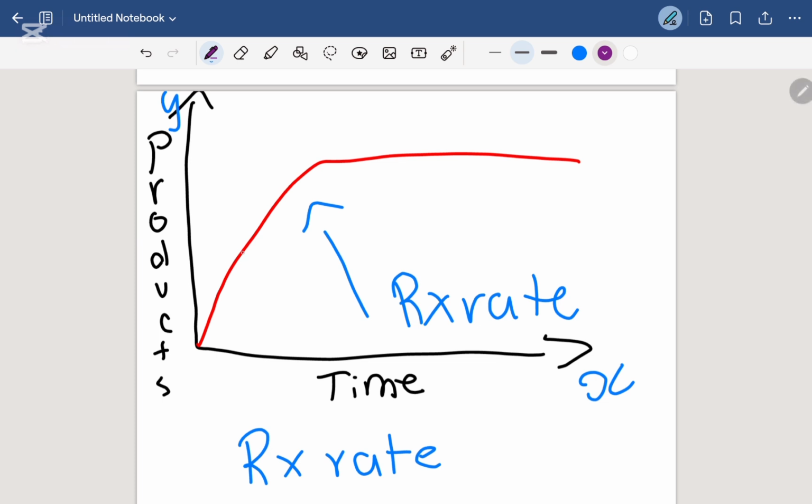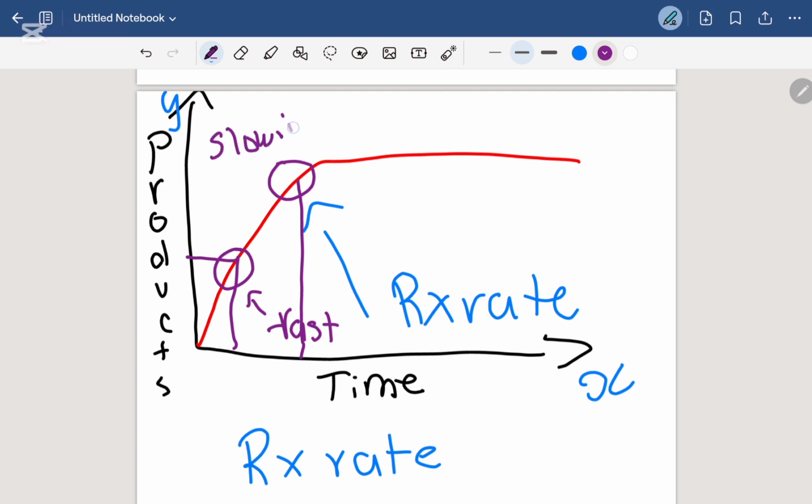If you notice over here, a lot of products are produced in a small amount of time. So we say that this reaction over here is fast. As it comes closer to the curve, the amount of products produced per a certain amount of time decreases, so it starts slowing down.